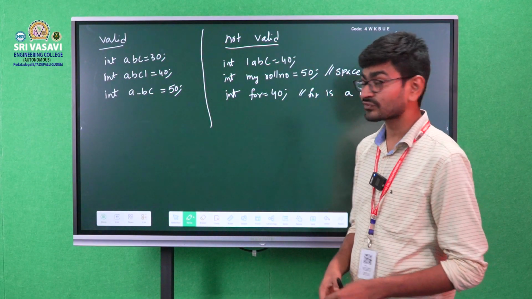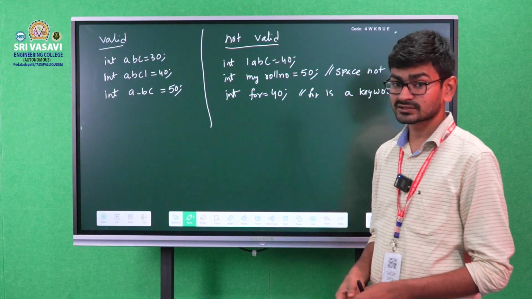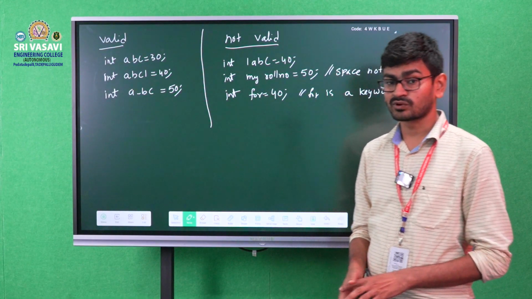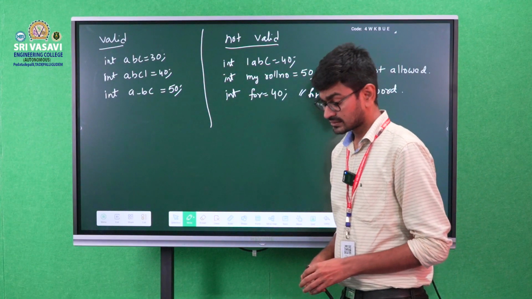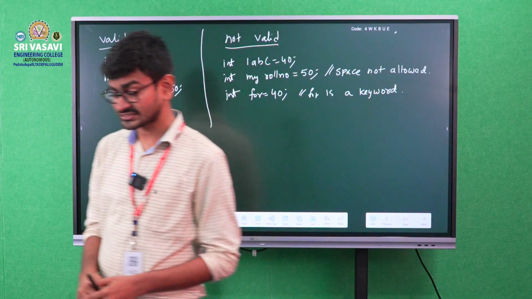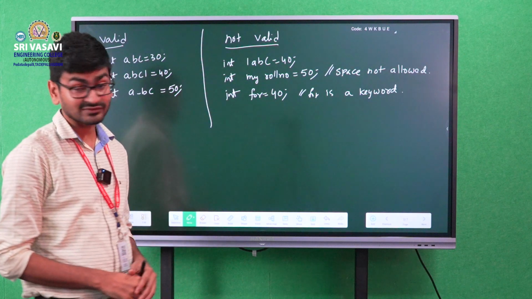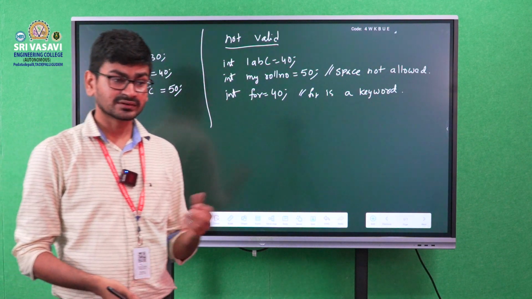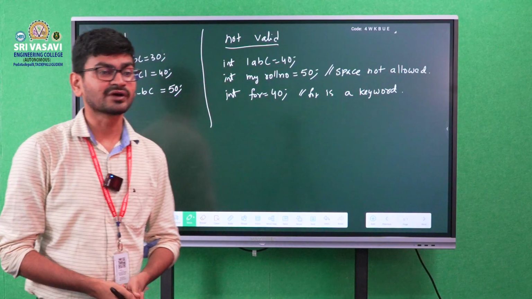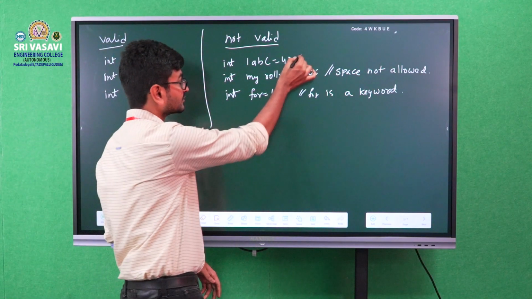Now let's see some of the invalid identifiers so that you will get a better understanding of what an identifier means. Here int 1ABC. Identifier cannot start with a digit, but we are starting with a digit. Not only 1, you cannot use 0 to 9 as a starting letter of identifiers. So this is not valid.